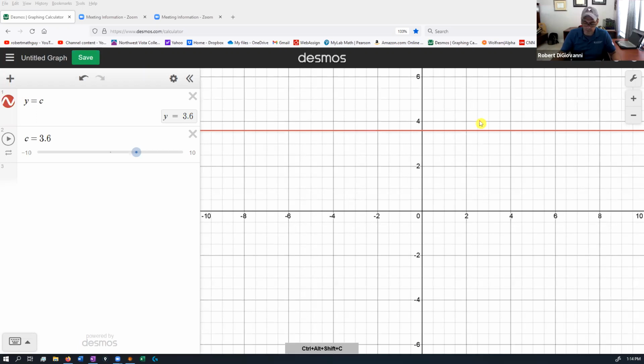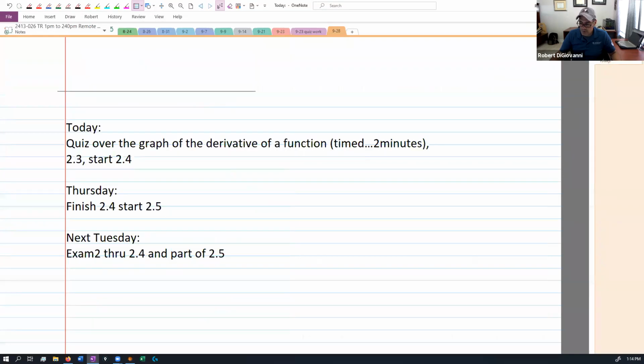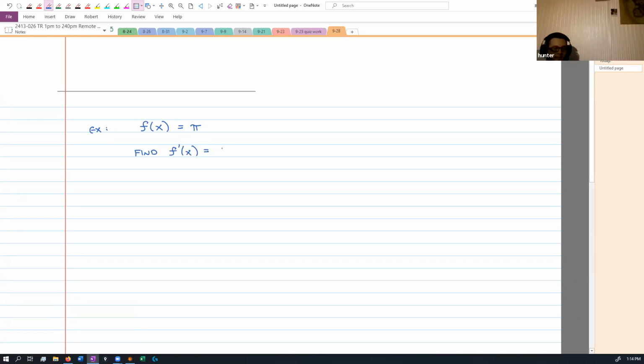Maybe I should give you a specific example, although it's not that difficult to understand. If I say f of x equals pi, and then I ask you to find f prime of x, your answer would be 0.